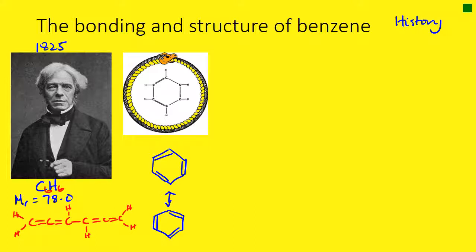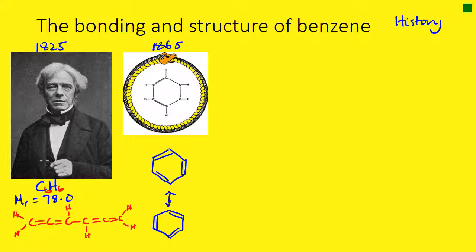So this was a move forward. In fact, it was the first time that scientists had conceived of cyclical molecules, and the first time they had conceived of what became known as resonance structures, which is still a theory today. And yet it still didn't explain the lack of reactivity, the high stability that benzene has. It still didn't explain that. So that was in 1865.